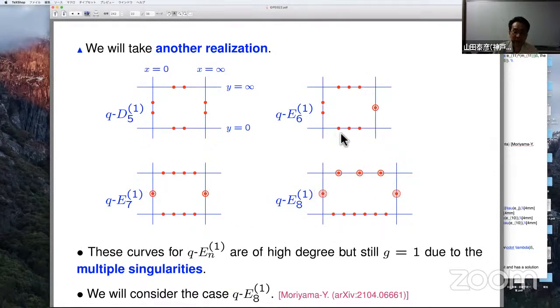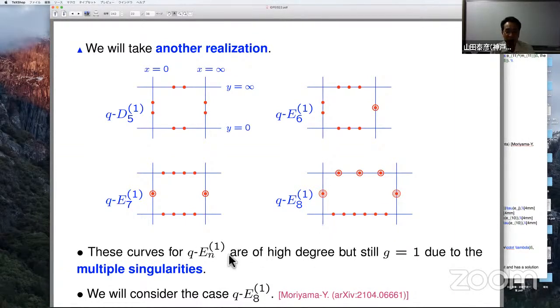Here in the E6 case, we consider the bidegree 3 and 2 curve. In the E7 case, we consider bidegree 4 and 2. And in the E8 case, we consider the curve of bidegree 6 in the x variable and 3 in the y variable.